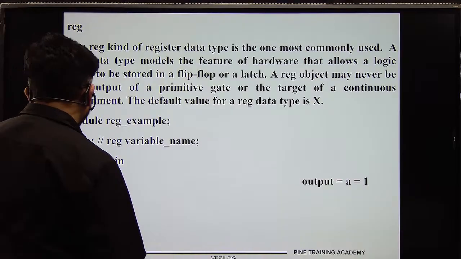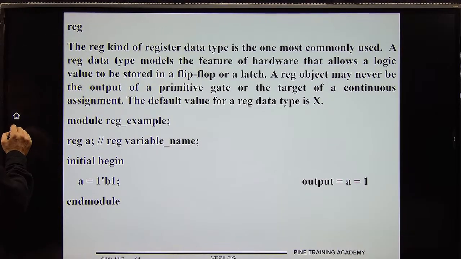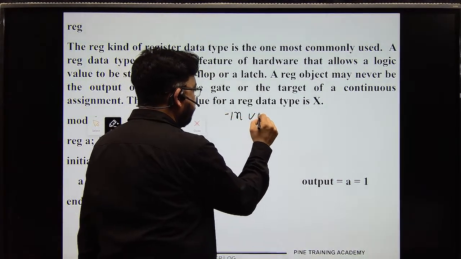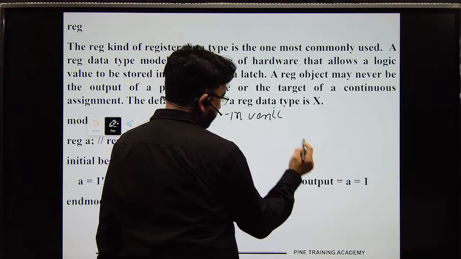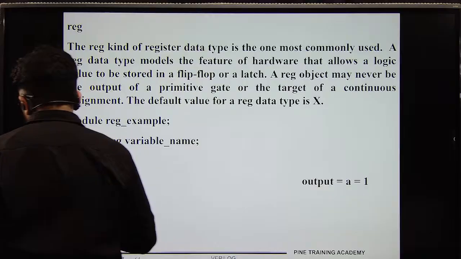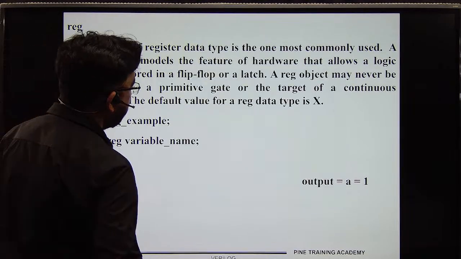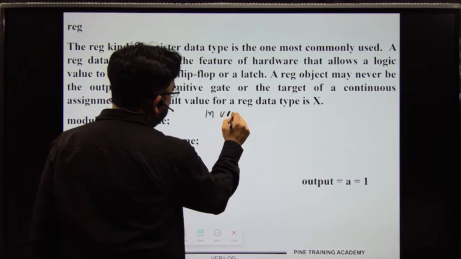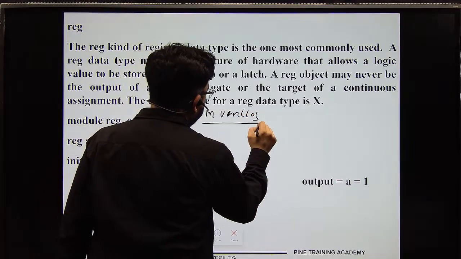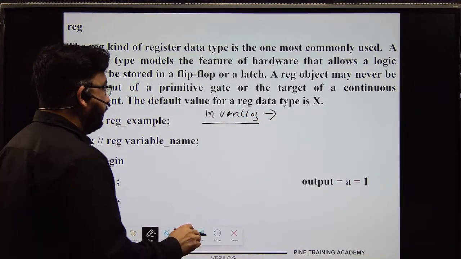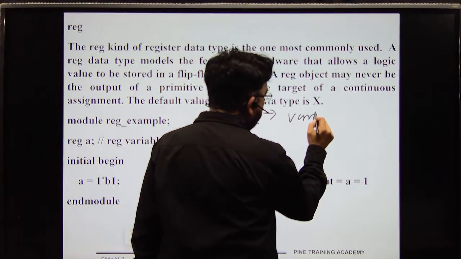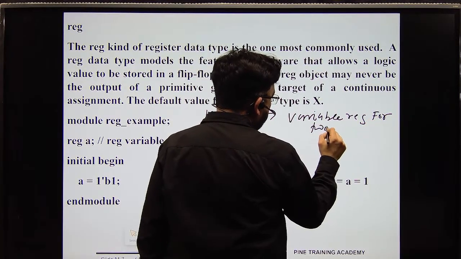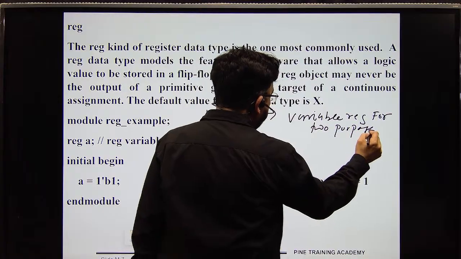It is very simple. Basically in Verilog, you are using the variable reg for two purposes.